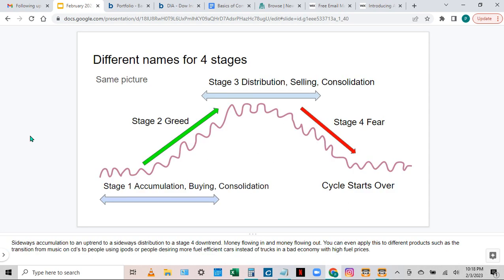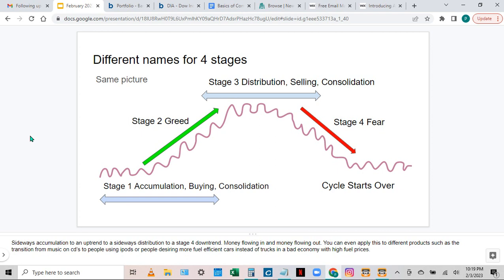So we've got the different names for the 4 stages, okay? Stage 1 is generally considered a stage of indifference for maybe a new product or a service or a company. Many times you can see accumulation in this stage or consolidation.